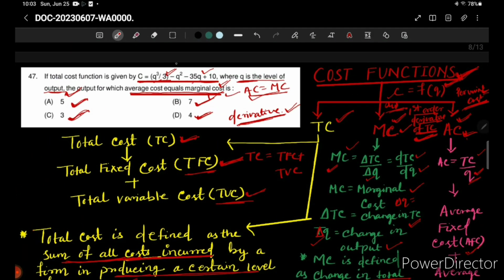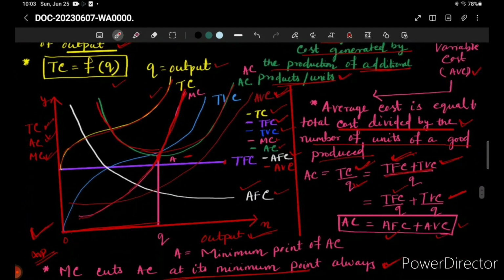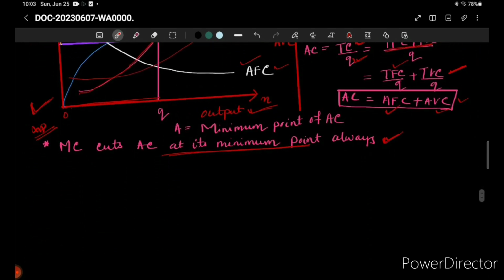So here the cost function is C equals Q to the power 3 divided by 3 minus Q square minus 35Q plus 10. Okay, so I'll write the cost function.